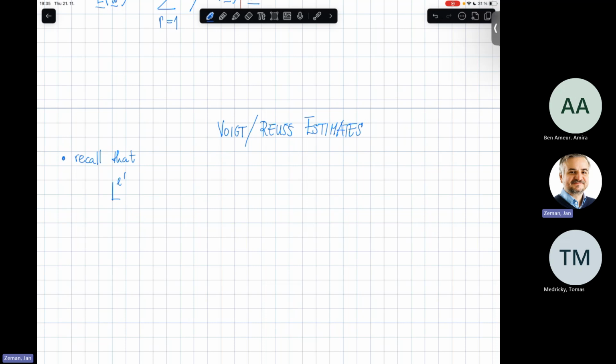So now my effective properties are evaluated as the average of these local properties, and here I have this identity on which I will add this fluctuating part, that is A prime, if you still recall, the fluctuating concentration factor.